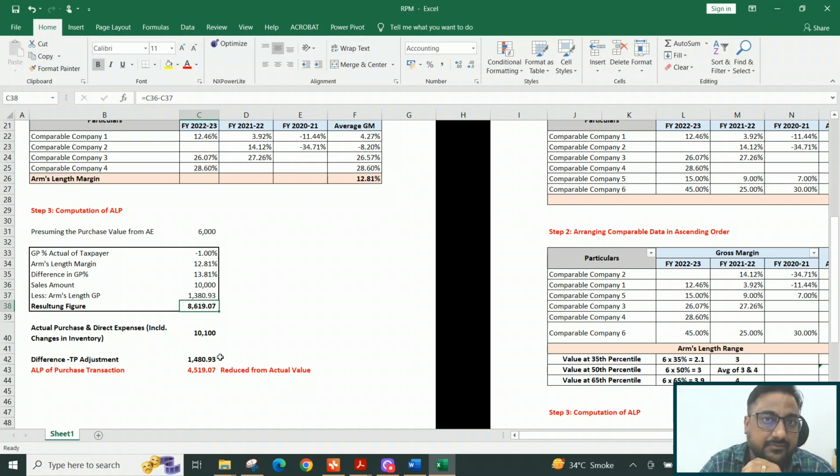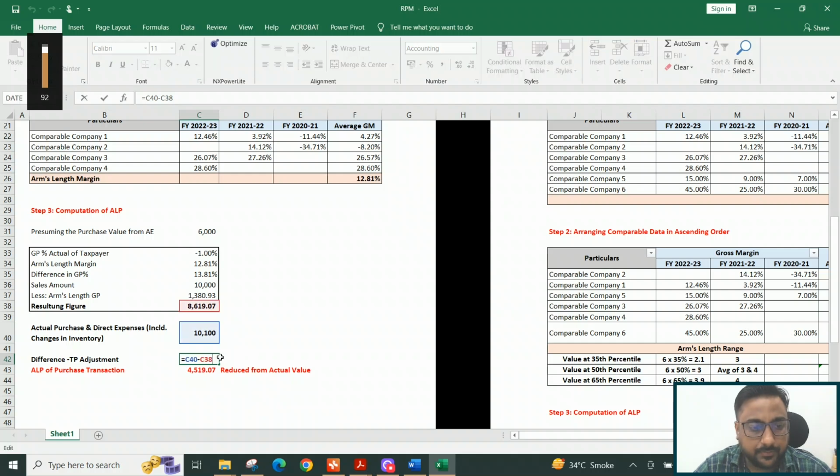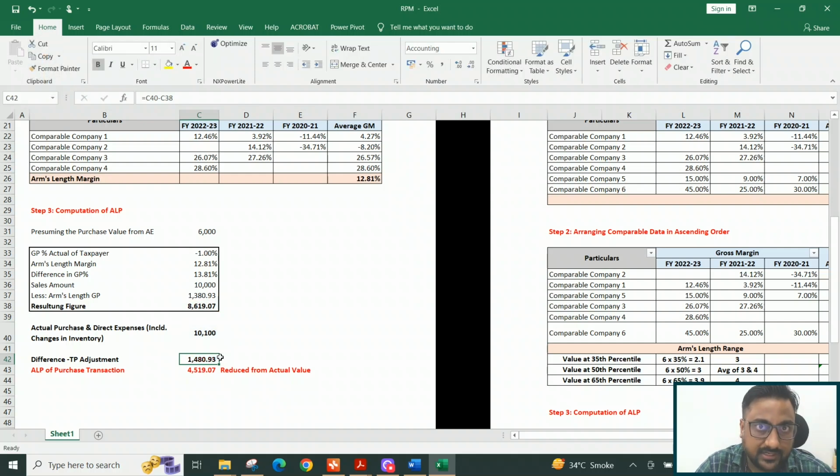As you must have seen under that RPM methodology, first you would have arrived at the sale price, then you have to reduce the arm's length gross profit, right? And then after you arrive at a resulting figure, from that you had to deduct your actual purchases. Now the differential part after that comes up to 1480, as per the methodology under that particular provision.